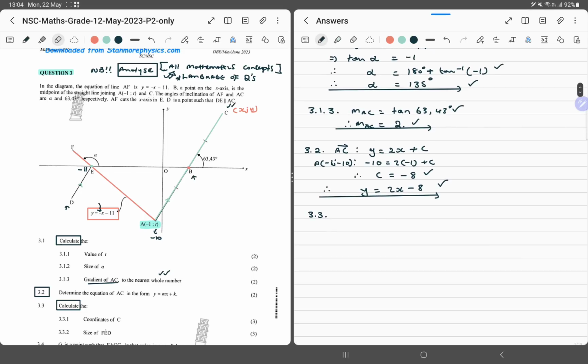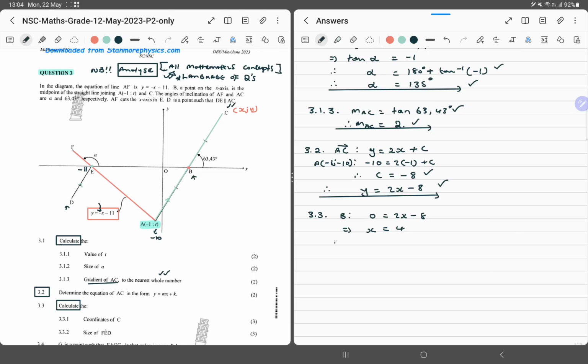Yes. So now let's have a look at it. So we can say B is such that 0 is equal to 2x minus 8, right? Which implies that x is going to be equal to 4, right?